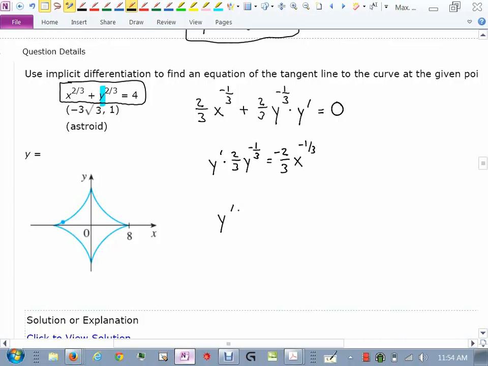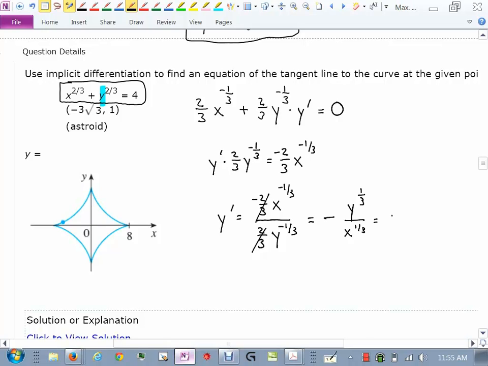So y prime equals negative 2/3 x to the negative 1/3 over 2/3 y to the negative 1/3. These cancel, leaving me with a negative 1, so I'll just put a negative out here. X to the negative 1/3 on top means I can drop it down. Y to the negative 1/3 on the bottom means I can bring it up. So this becomes y to the 1/3 over x to the 1/3.